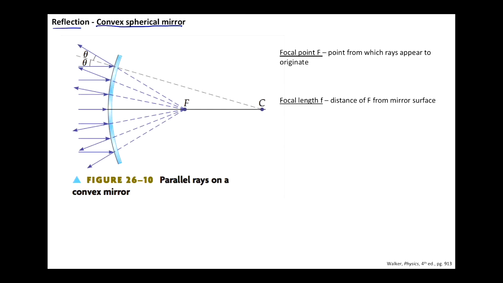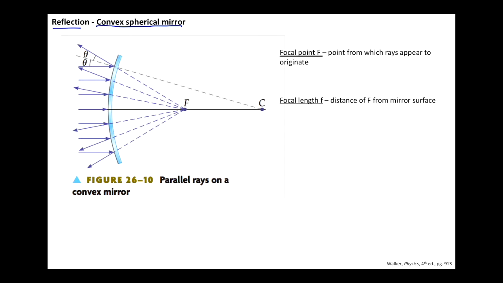So notice, once again, over here on the left, and I'm going to have to do a lot of not drawing and maybe just pointing. Let's say that we have incoming light rays that are hitting this convex surface. And notice all of the incoming rays are represented as parallel to each other. So we're imagining that these are coming from an object that's far enough away that the light rays aren't spreading out.